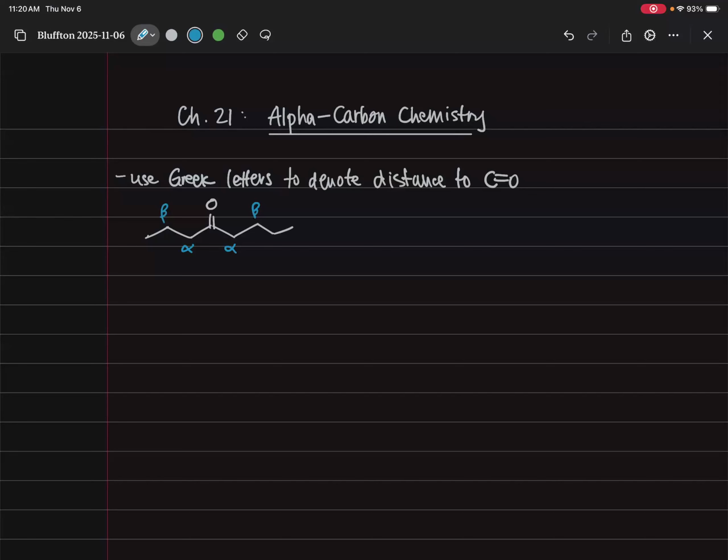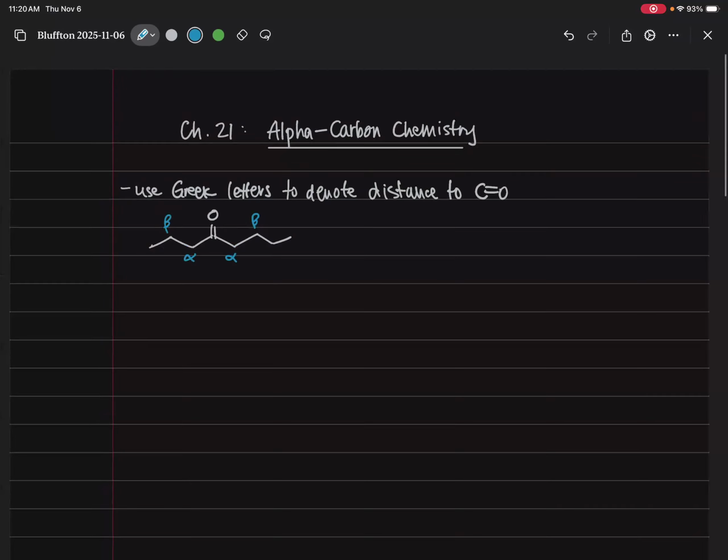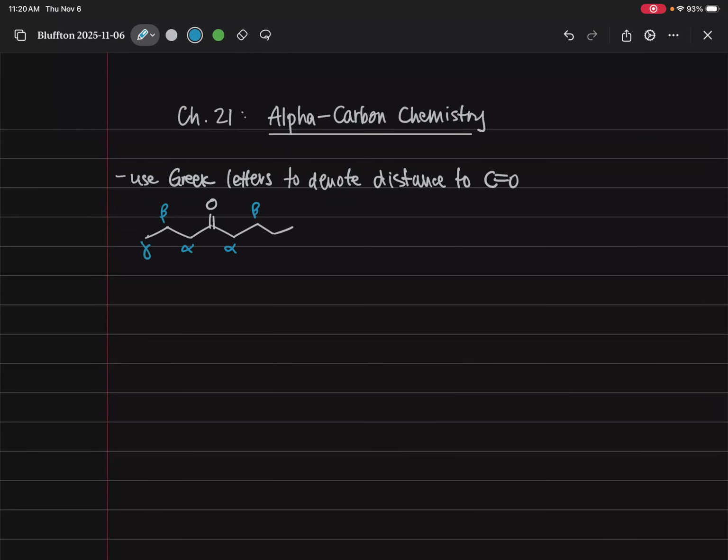That's usually as far as we need to go, but just in case, gamma is next, then delta, epsilon, continuing. Generally speaking, alpha and beta are the important ones.